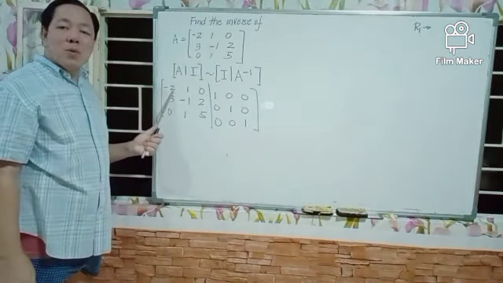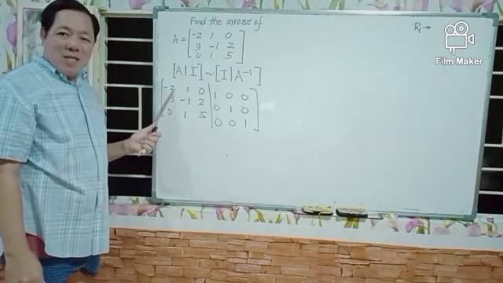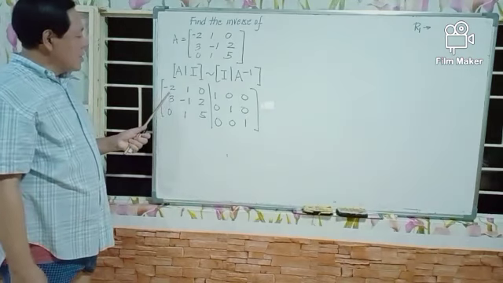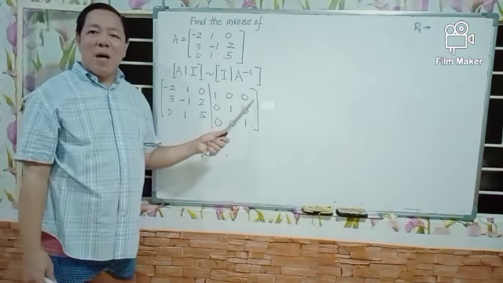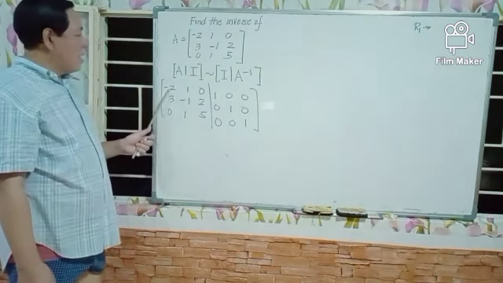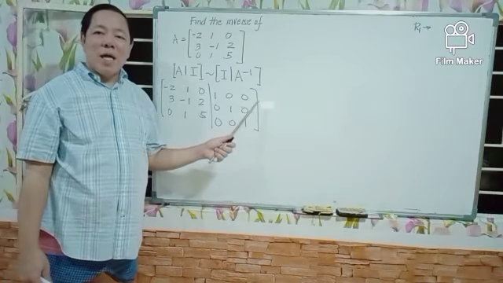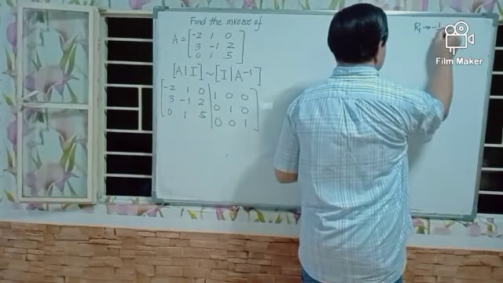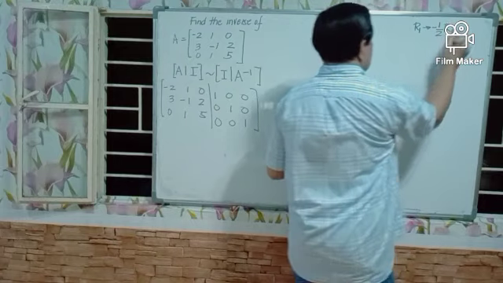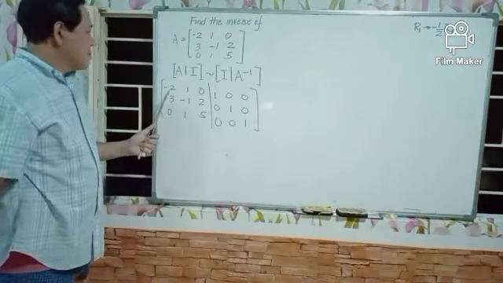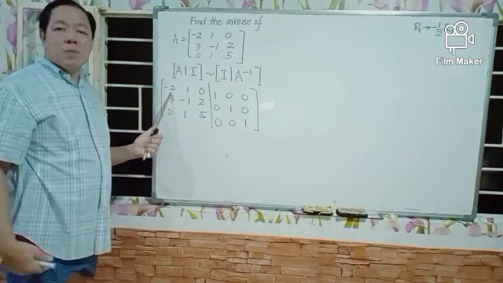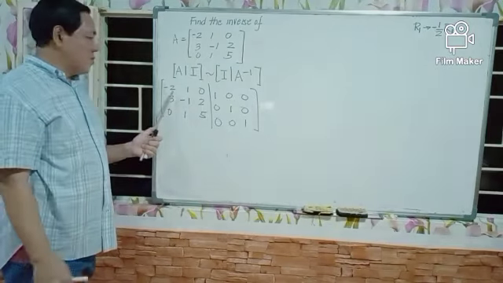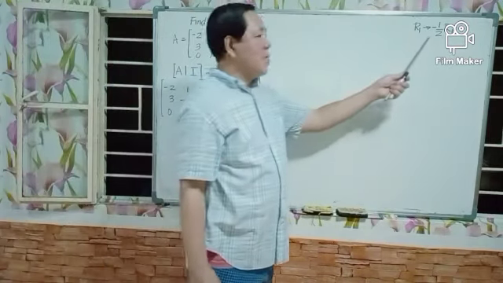To change negative 2 to 1, either you divide all the entries of row 1 by negative 2, or multiply the entries of row 1 by negative 1 over 2. Or to change negative 2 to 1, multiply the entries of row 1 by the reciprocal of negative 2, which is negative 1/2.